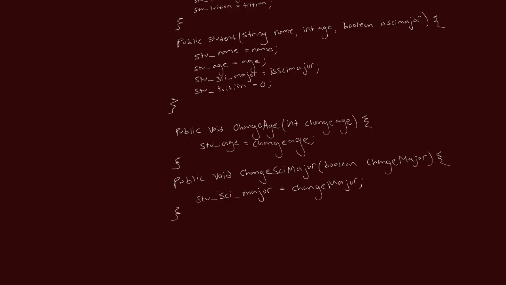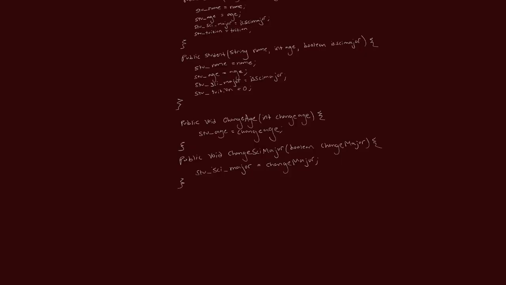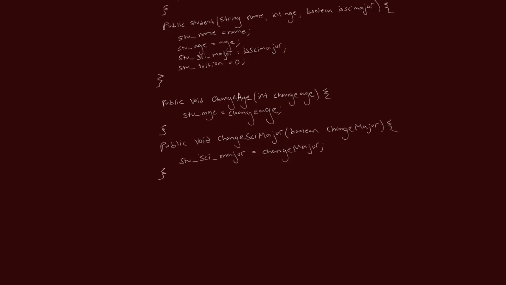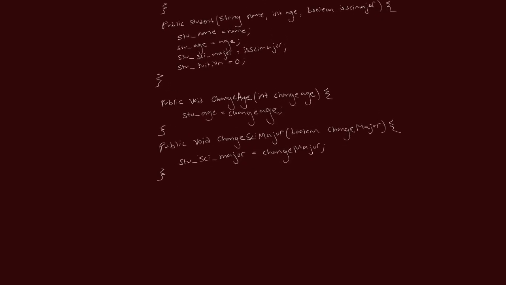Okay. Now obviously their tuition is going to change as well. Maybe they paid off their tuition, so that also has to change. So we'll do public void change tuition. So it has to be double.